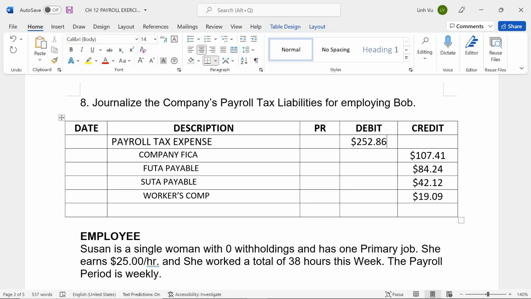Look at this. 1 plus 4 is 5, plus 2 is 7, plus 9 is 16. Carry the 1 over. 1 plus 4 is 5, plus 2 is 7, 8. So you have 86 cents.